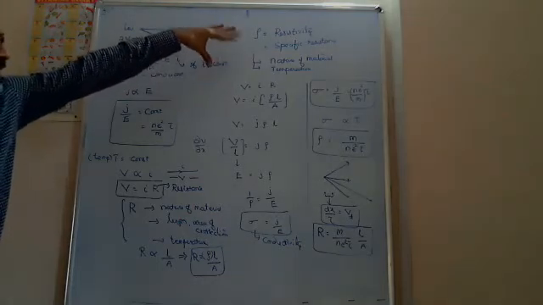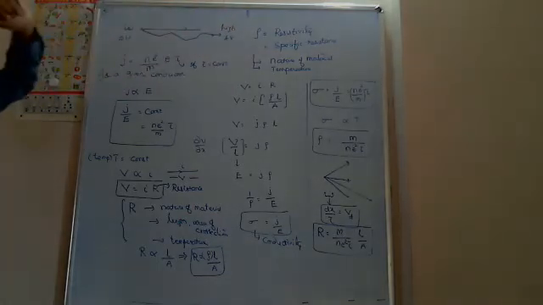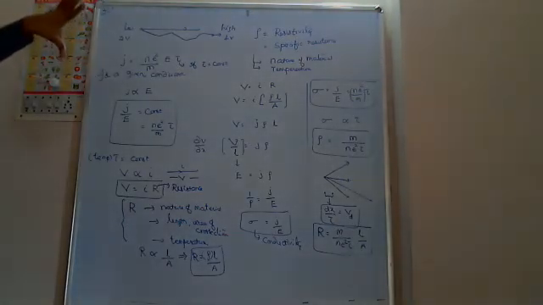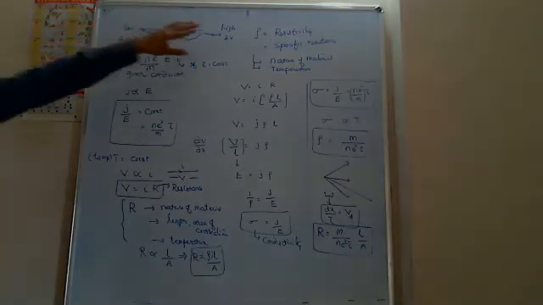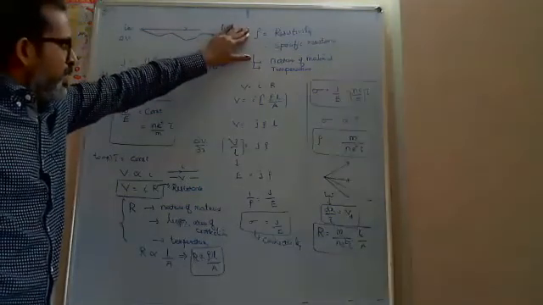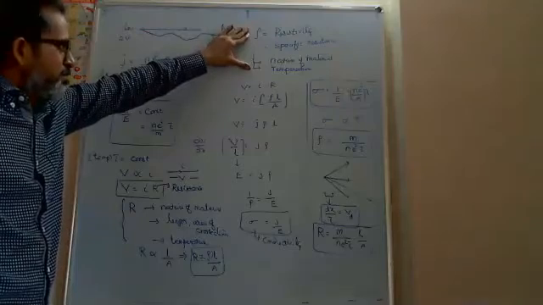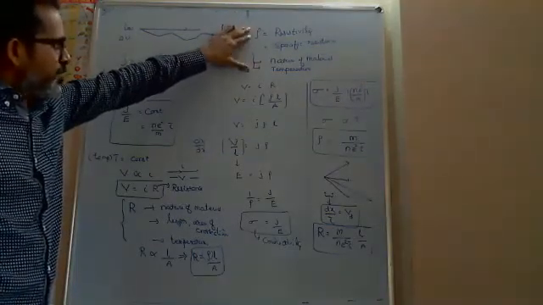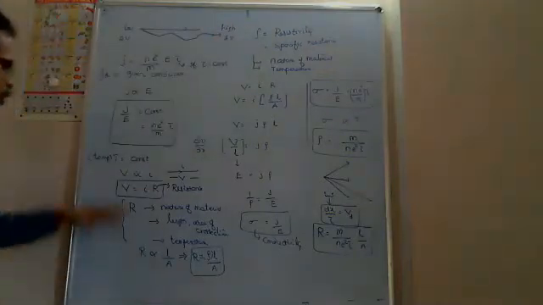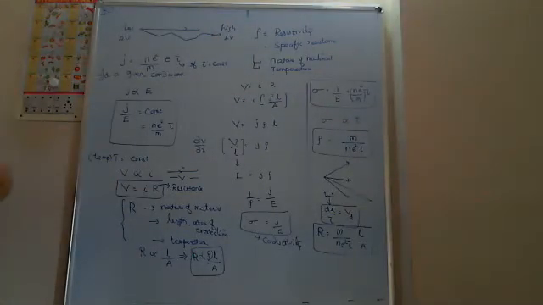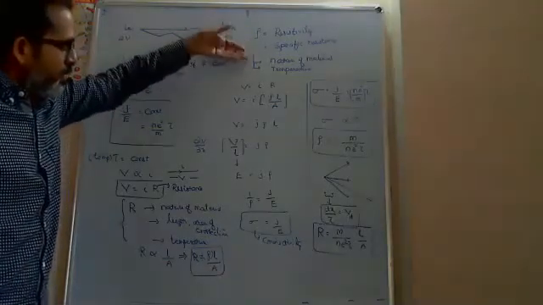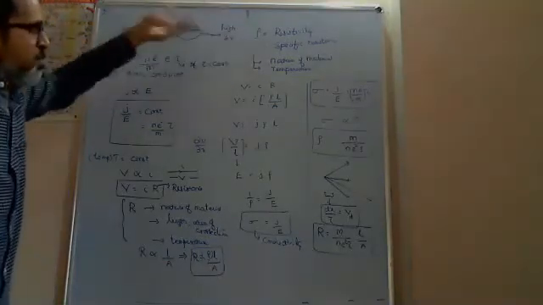Its name is resistivity or specific resistance. And that resistivity depends upon whom? Nature of material and temperature. Later we have to discuss how this resistivity depends upon temperature, and accordingly how the resistance depends upon temperature. Don't ask how rho depends upon nature of material. If the material is changed, rho will be changed. It has some particular value.